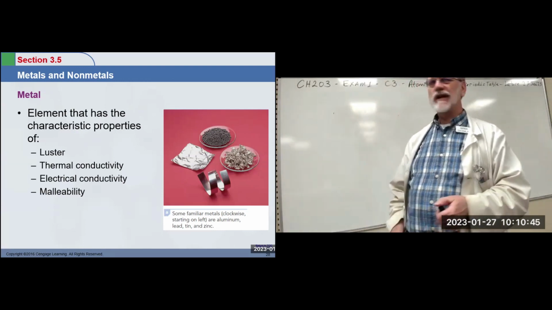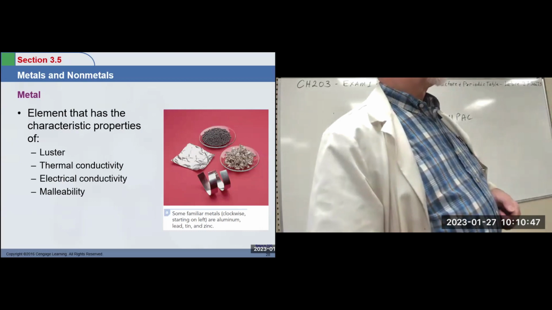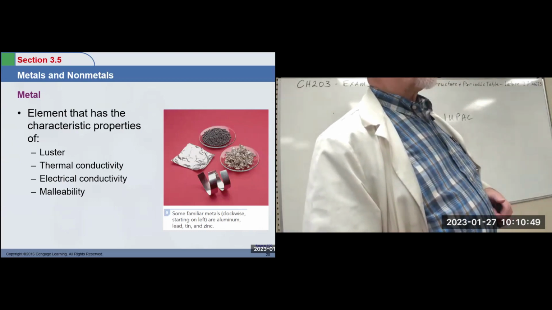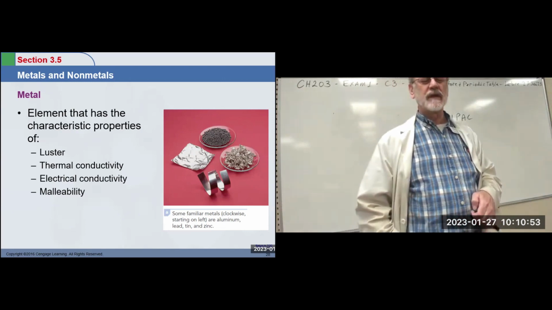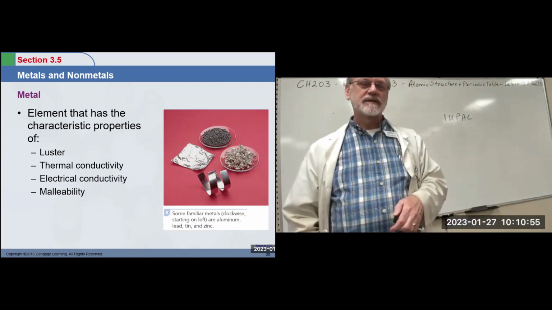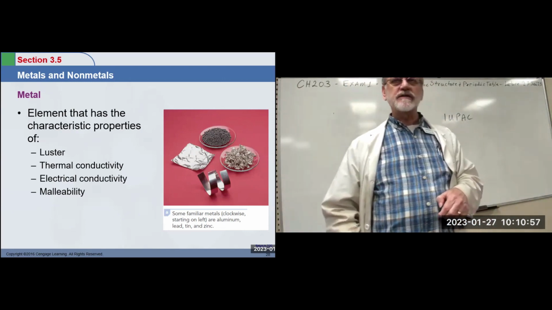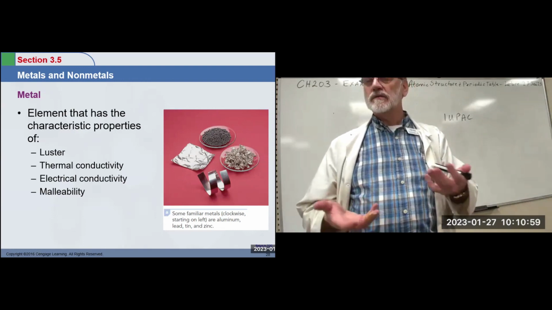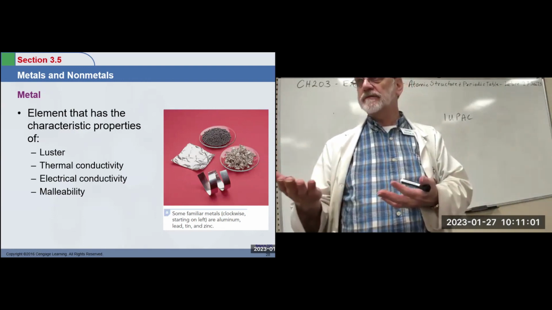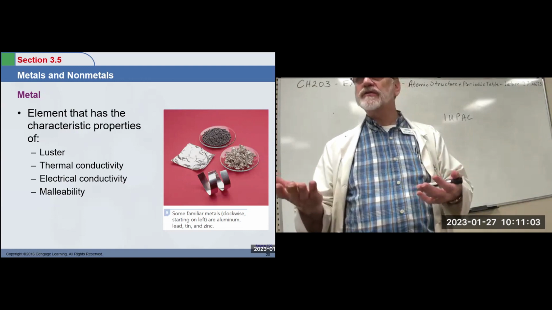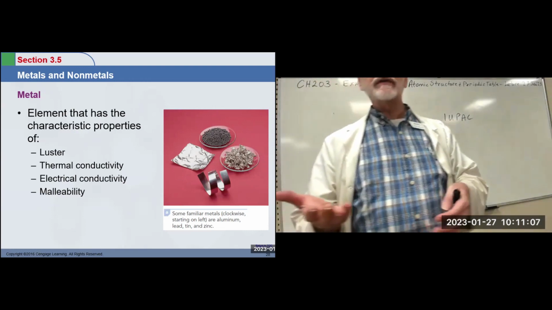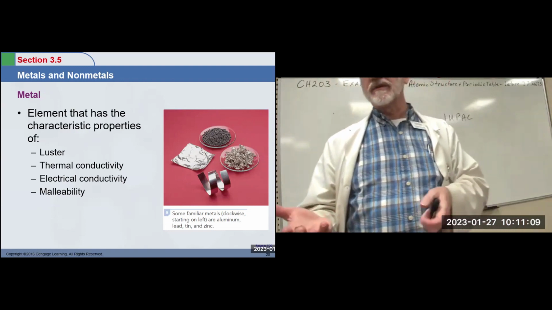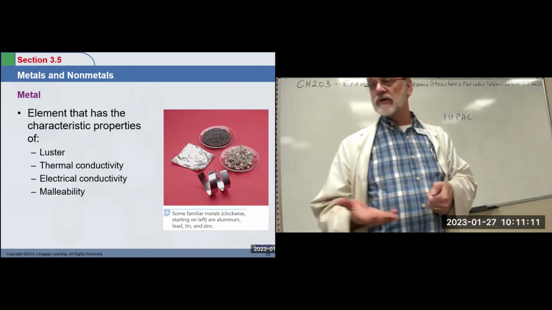There's one that's really close. It's below aluminum and to the right of zinc. Ga, that's gallium. Gallium has a melting point that's below body temperature. So what's body temperature in Celsius? Anybody know? 37 degrees Celsius is body temperature. You use that formula.